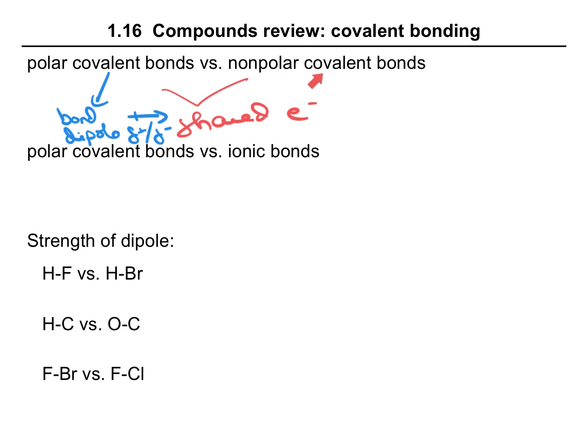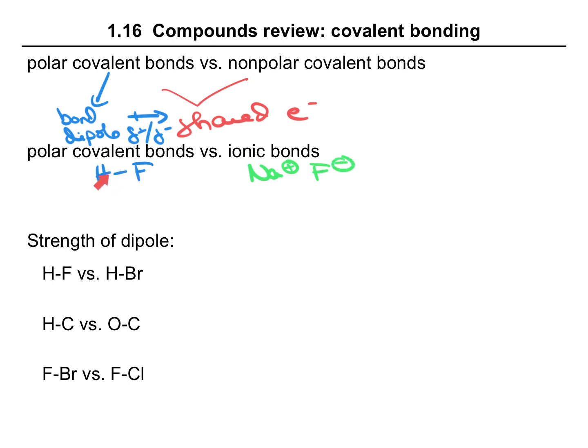In a nonpolar covalent bond, those electrons are shared equally. Now, how does a polar covalent bond compare to an ionic bond? So, for example, for a polar covalent bond, we might be talking about HF, and for an ionic bond, we might be talking about sodium fluoride.